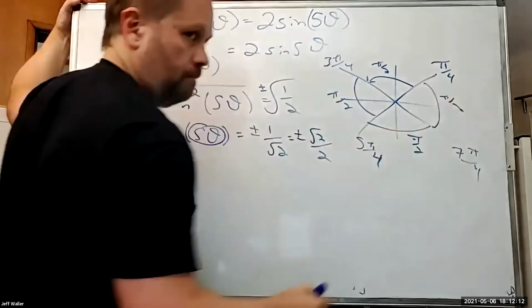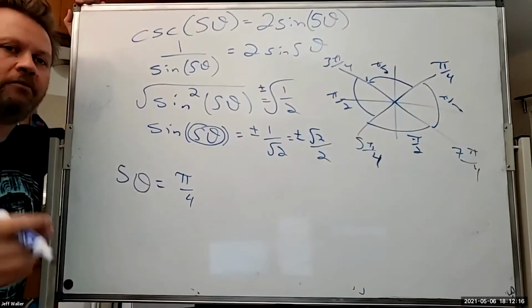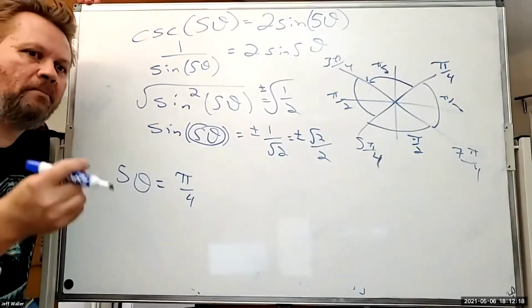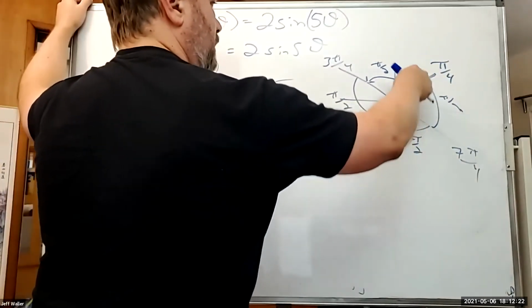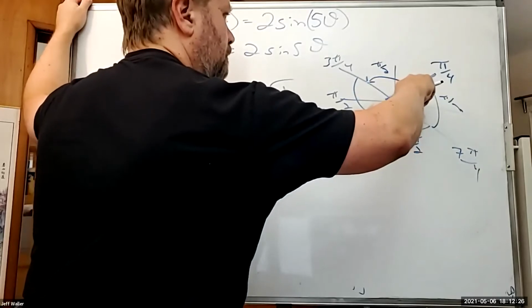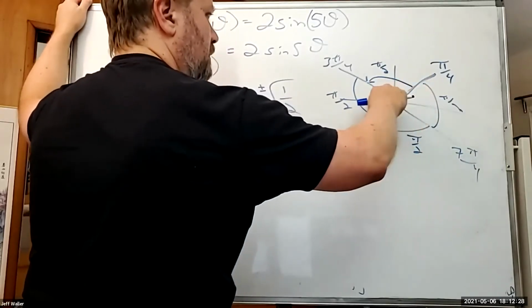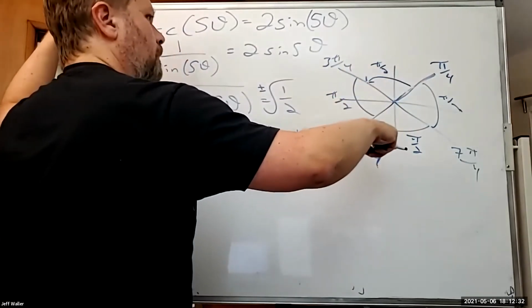I really want you to understand. You got to remember what we did. If it was just this, I would do this plus or minus 2 pi k. If it was just this and this, I would do this plus or minus 2 pi k, and then this plus or minus 2 pi k.